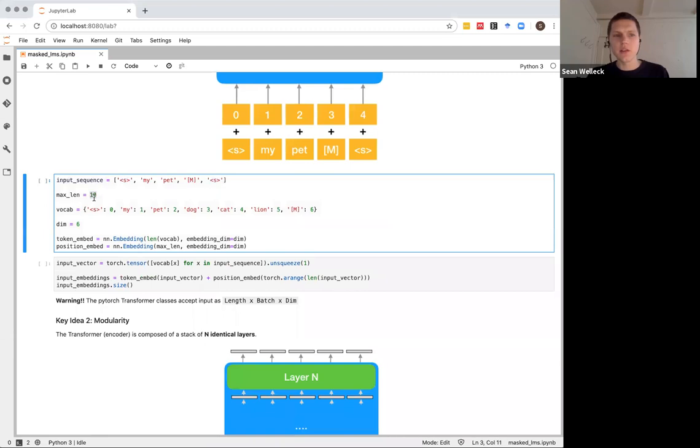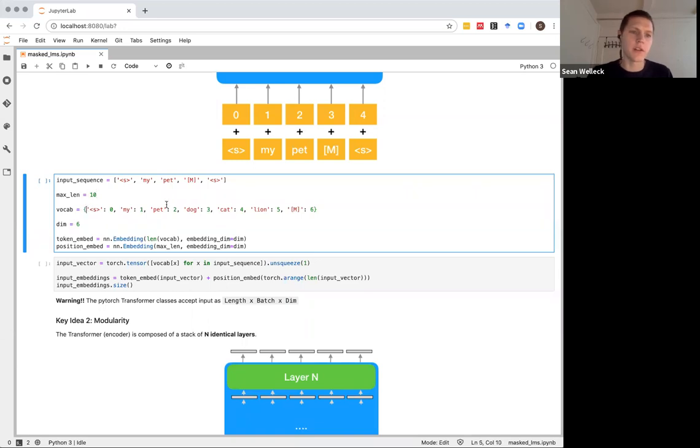And let's set some max length of 10. The reason we'll do that is because if you can imagine having a different embedding vector for every position, then you need to specify some max length, at least with this method of doing position embeddings that's shown here. There are other methods that don't require this max length, but let's just look at this one.